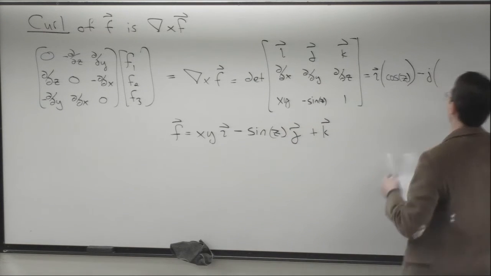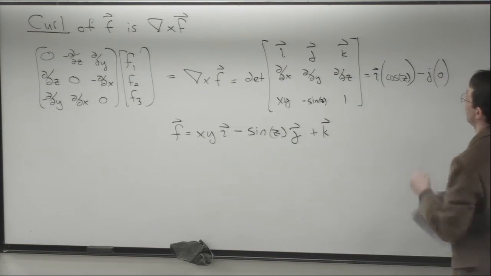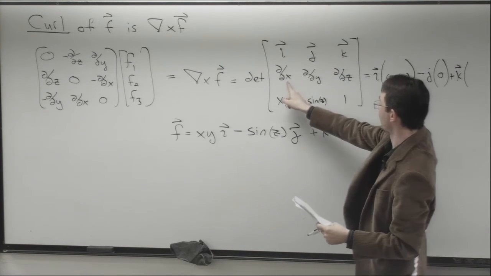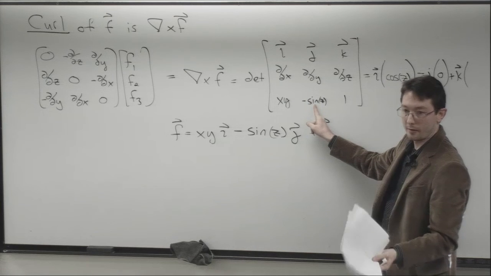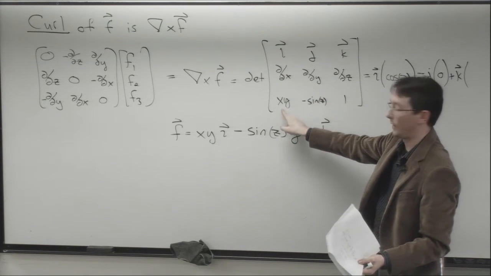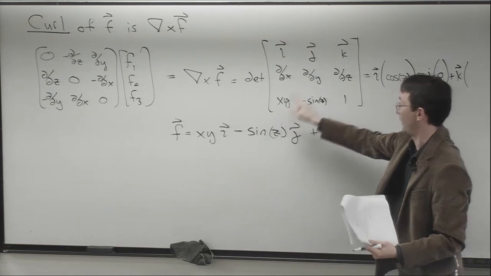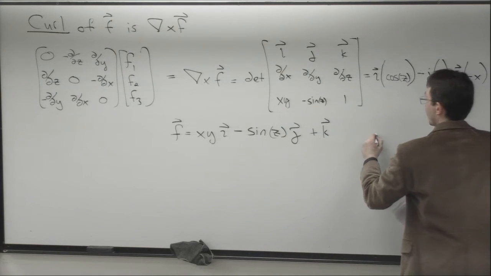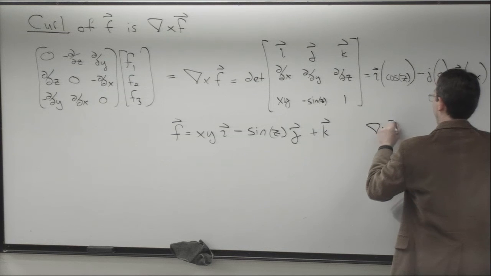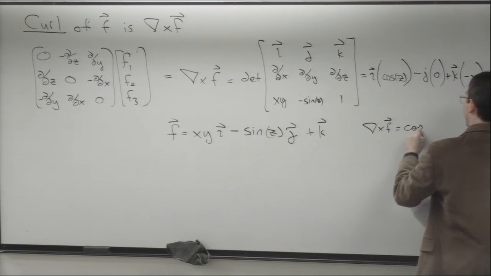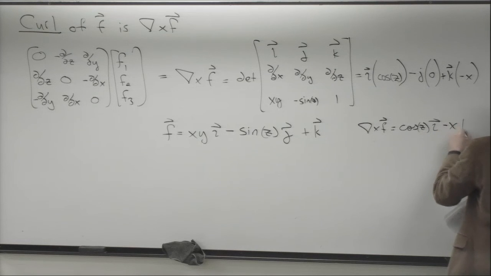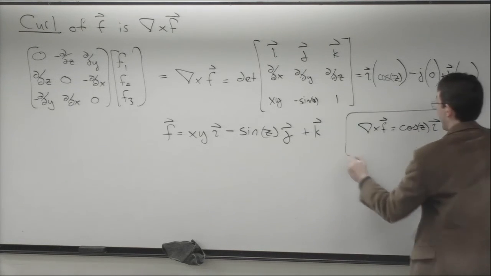No z's in here, so 0 in the j direction. And in the k direction, partial x of sine z is 0, and partial y of xy is just x, so there's a minus x. So the curl of f is cos z in the i direction minus x in the k direction.